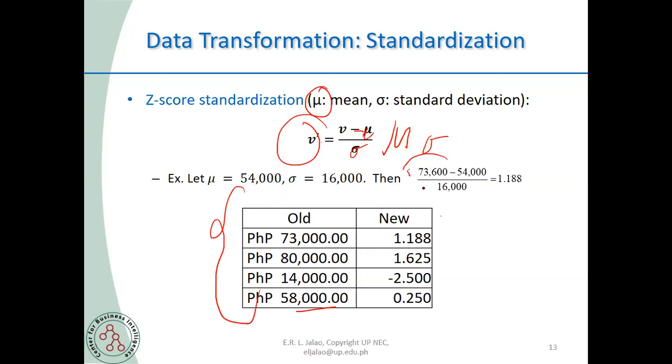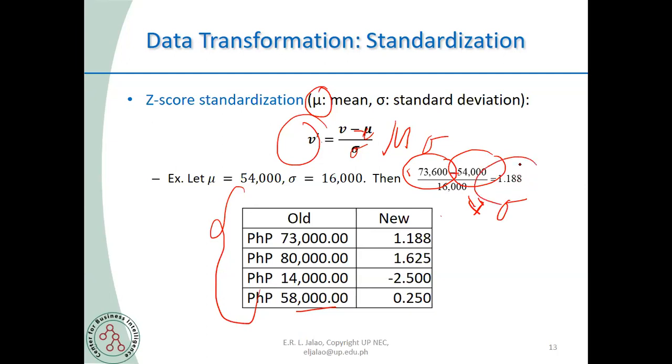So it is 73,000 minus the mean, which is 54,000, divided by 16,000, the standard deviation of our data set. Later on we will compute the standard deviation manually. 73,000 minus 54,000 divided by 16,000 is equal to 1.188.